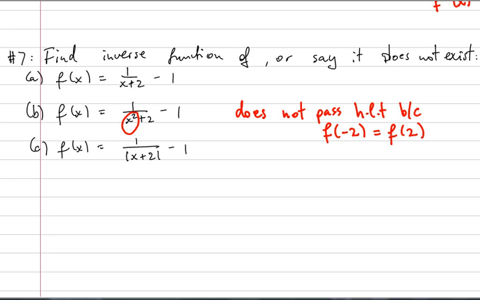Two points are going to the same value, and therefore it cannot be 1-to-1. So the function is not 1-to-1.